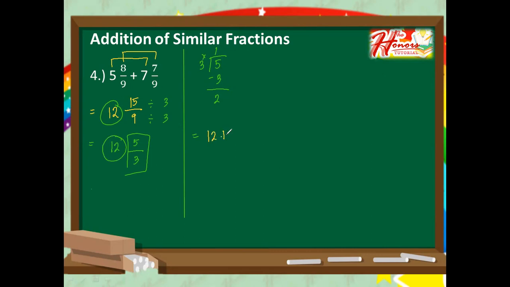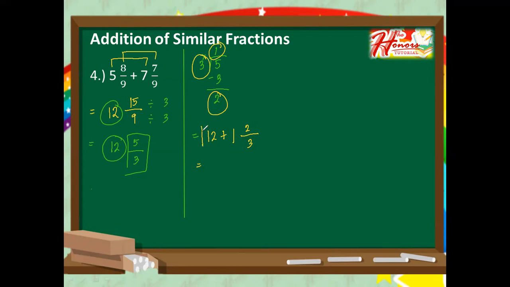And then plus, don't forget, 1, the quotient here. And then please have 2 as your numerator because that is the remainder. And then your divisor, which is 3, should be your denominator.